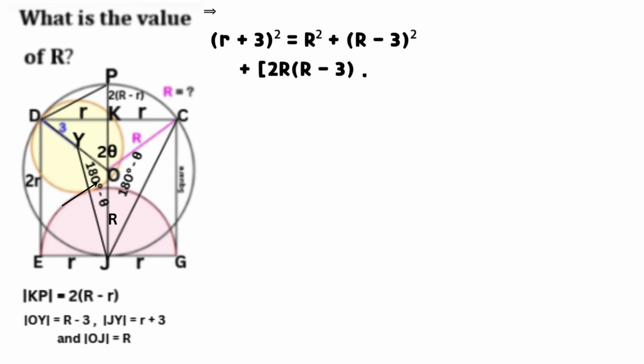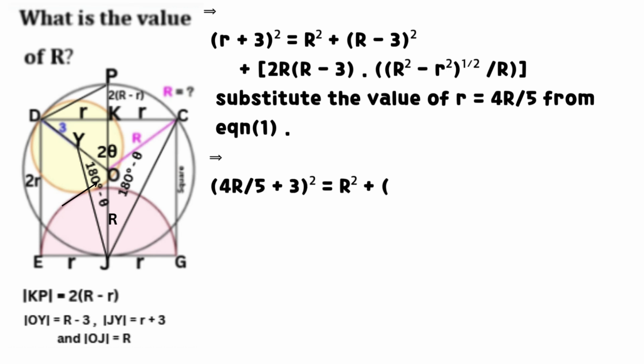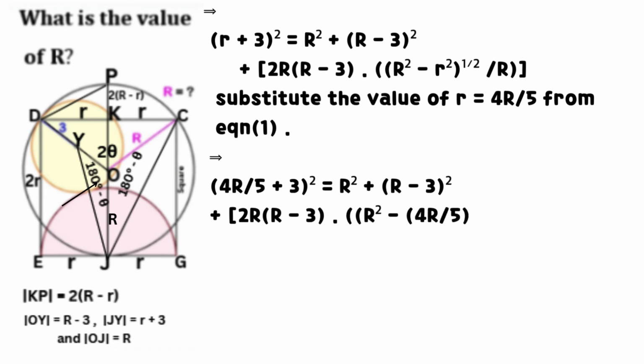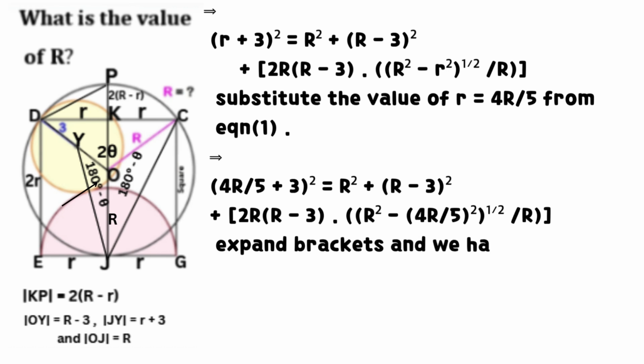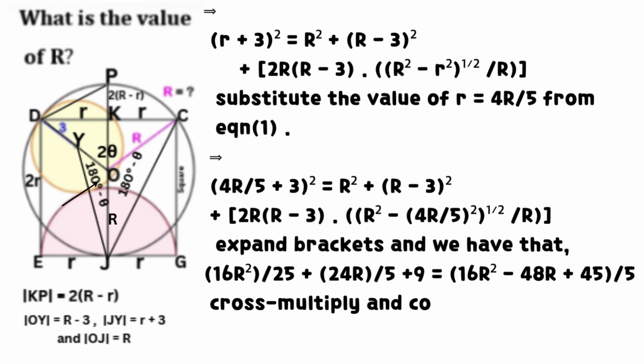This implies that the square of small r plus 3 equals the sum of the square of r and the square of r minus 3, plus 2 times the product of r and r minus 3 multiplied by the square root of the square of r minus the square of small r, all divided by r. Substitute the value of small r, which equals 4 times r divided by 5 from equation 1. Hence, we obtained a new equation in r, as shown on the screen.